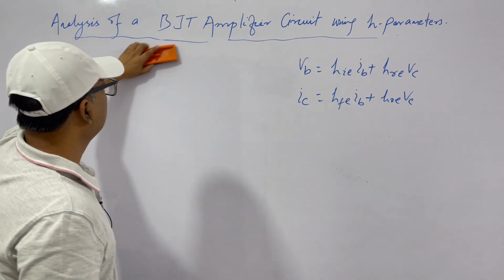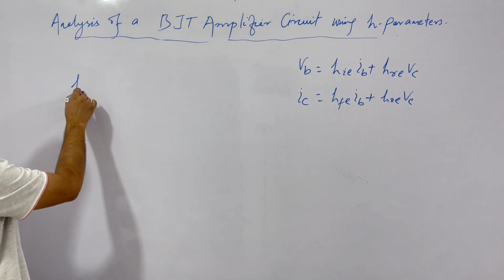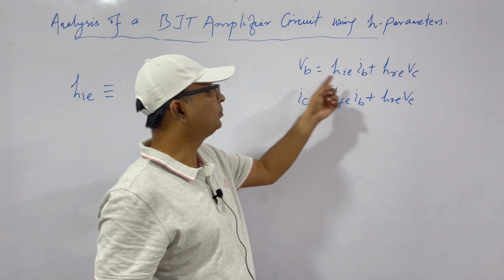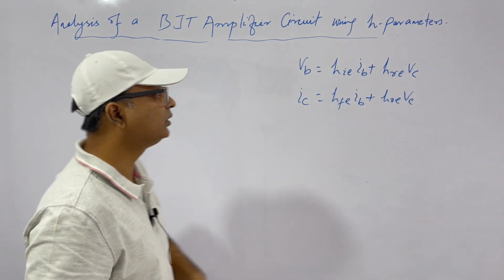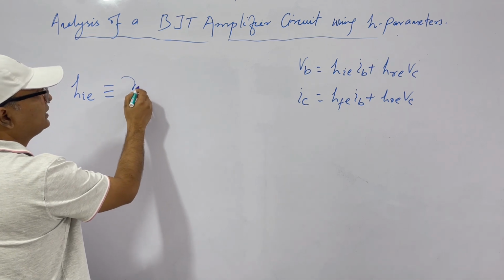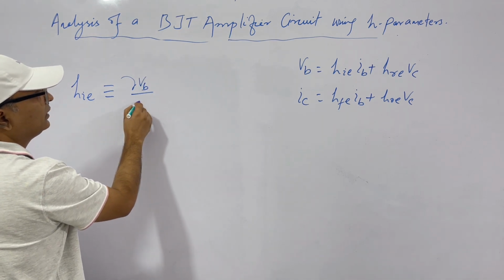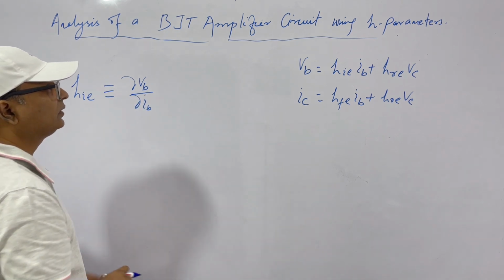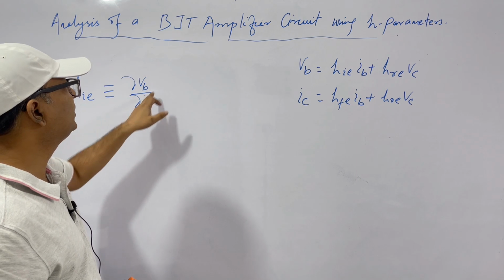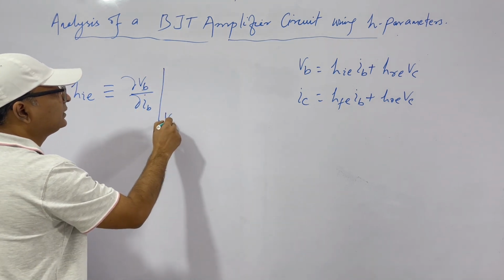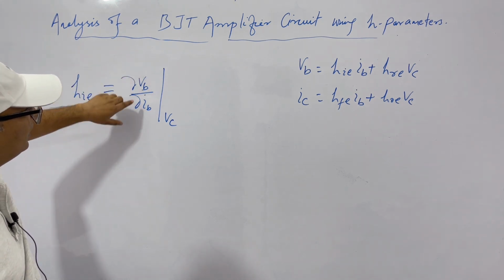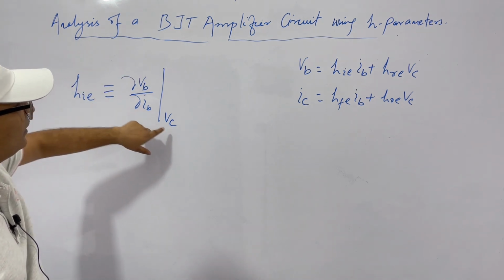Okay. So what is HIE? HIE is defined as, I had told you, this by this, keeping this equal to 0. Now here what we do, we take partial derivatives. So we take partial derivative of VB by IB. Actually partial derivative of the function 1 with respect to IB, that is del VB by del IB, keeping VC constant. This is the way we write. This means derivative of VB with respect to IB, keeping VC constant.